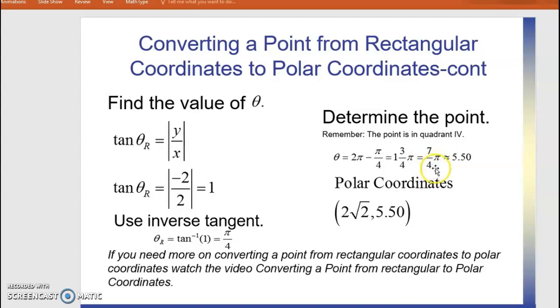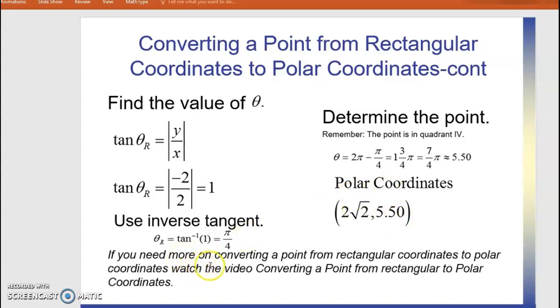If you want to evaluate 7/4 times pi in your calculator, you get an approximate answer of 5.5. So, in polar form, the coordinates of this point are 2 times the square root of 2 and 5.5, or 5.50, to 2 places behind the decimal.